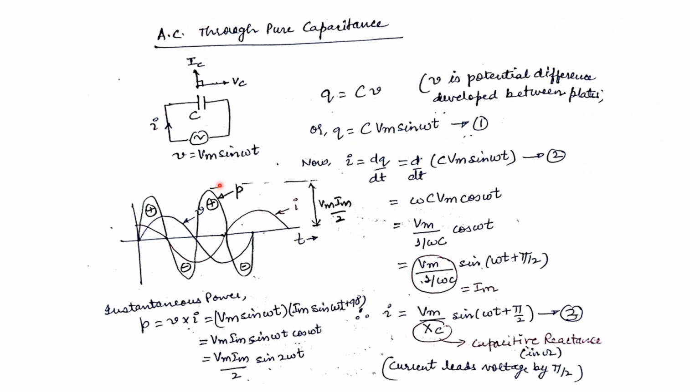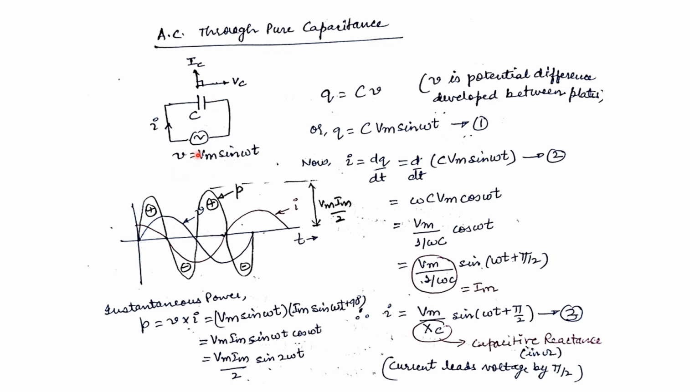AC through pure capacitance. When an alternating voltage is applied to the plates of a capacitor, the capacitor is first charged in one direction and then in the opposite direction. So here the supply voltage is defined as instantaneous voltage V is equal to Vm sin omega t.